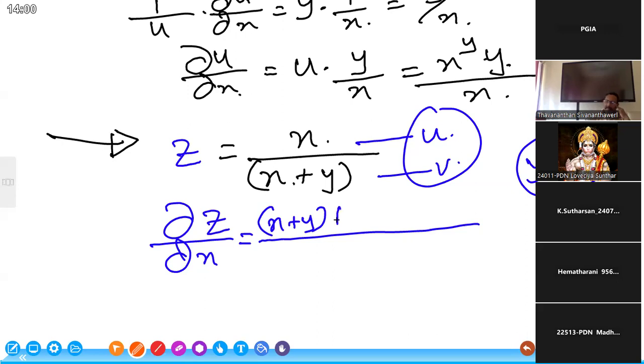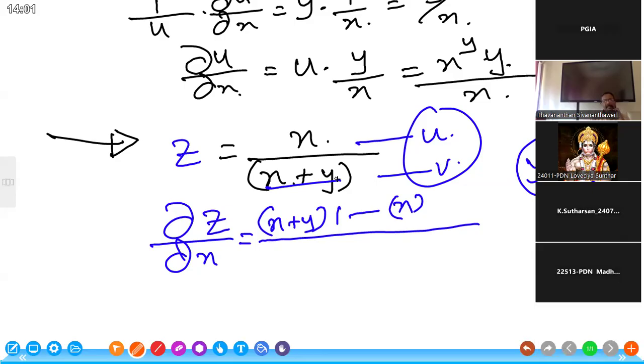1. Then minus u, the u component will come, x, into the derivative of x plus y. If you differentiate x plus y with respect to x, what is the answer?